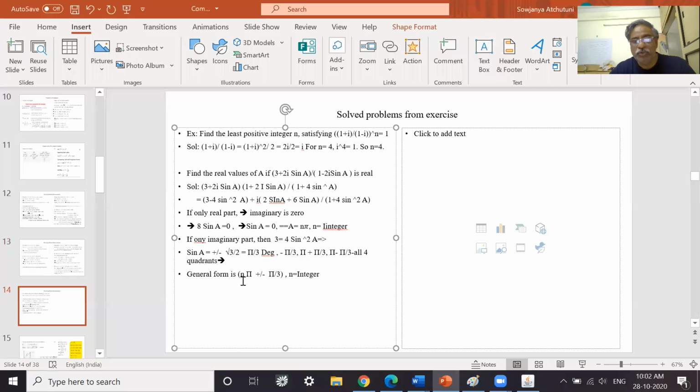If n is 0, I am getting plus or minus pi by 3. If n is 1, pi plus pi by 3, pi minus pi by 3. Both are okay, where n is an integer. All four quadrants are allowed here.